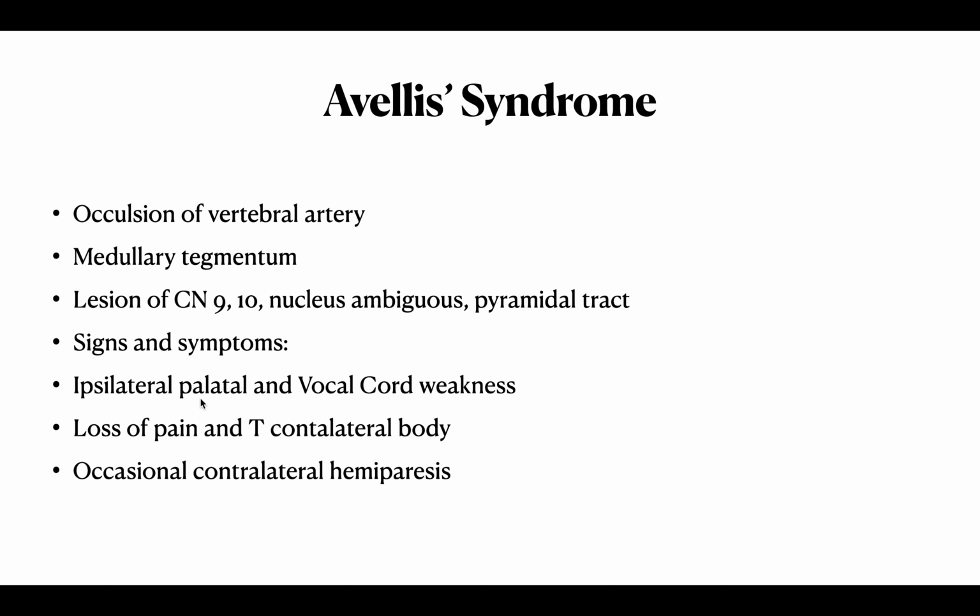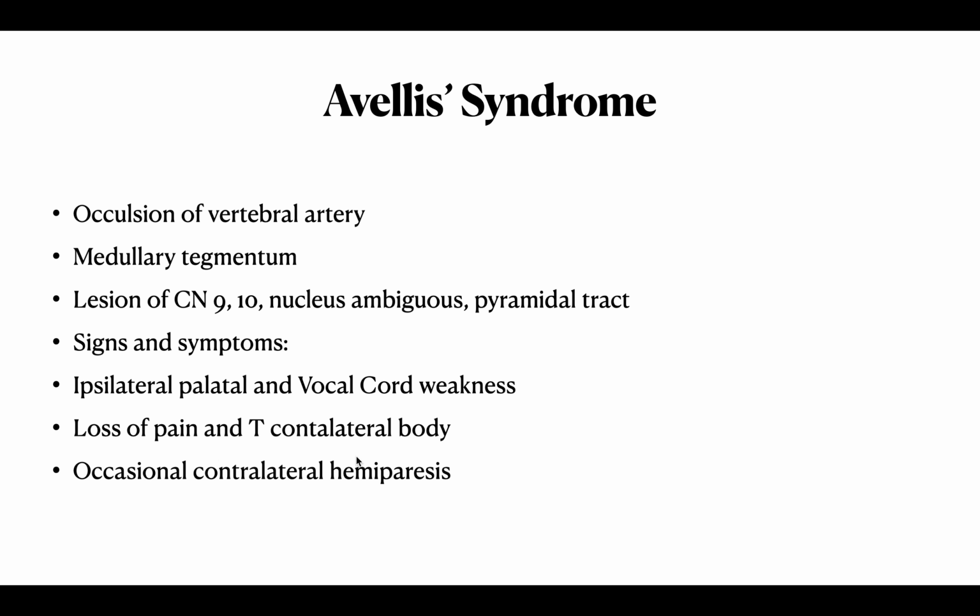So there's going to be ipsilateral palatal and vocal cord weakness thanks to cranial nerve number 10, because remember, cranial nerve number 10 eventually becomes the laryngeal nerves, and the vocal cord weakness is due to the recurrent laryngeal nerve being affected. There is going to be a loss of pain and temperature contralateral, remember, because of the decussation, so it's contralateral. And occasionally, in some severe cases, there's going to be hemiparesis, but in general, it's more loss of pain and temperature.